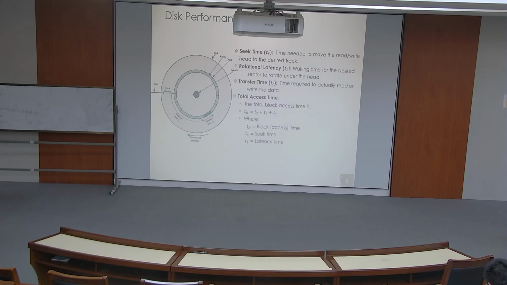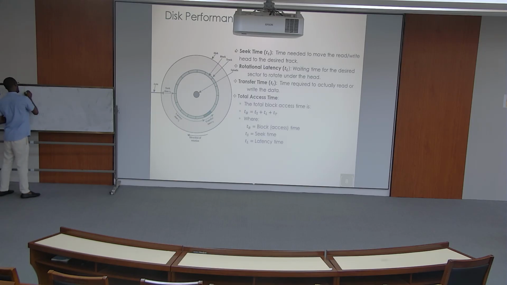Then we have the next important parameter when it comes to disk performance: the transfer time, which is the time required to actually read or write the data. Then we have the total block access time. We call it TB.